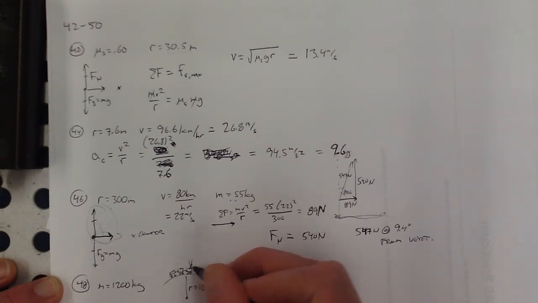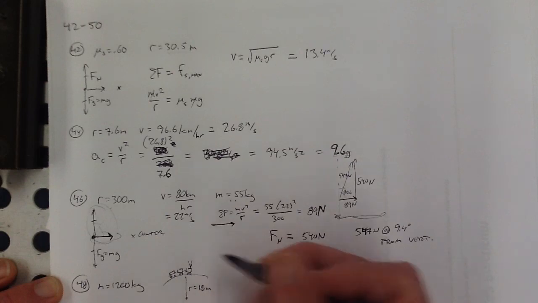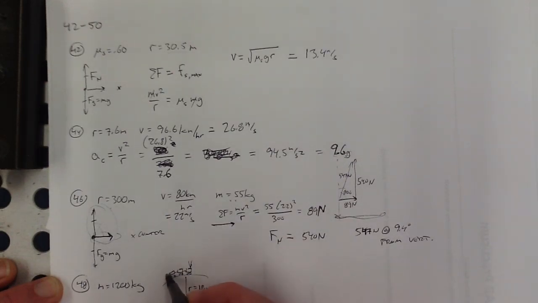Ooh, that's the person's arms up in the air. That looks weird. Probably not going that fast, actually, right at the top of the hill. Let's see. As the car passes over the top of a circular hill of radius 18 meters, its speed is not changing.